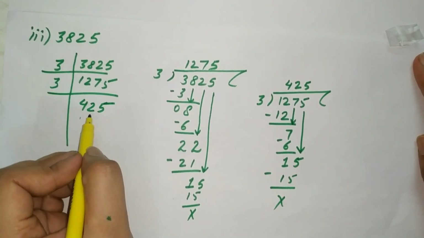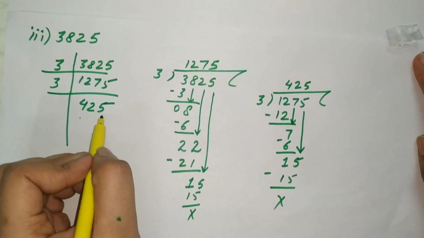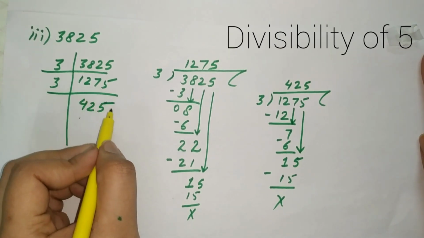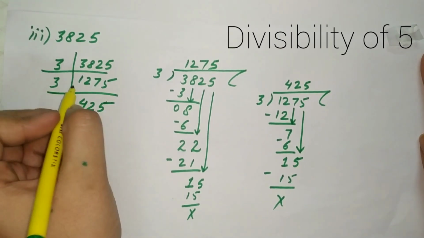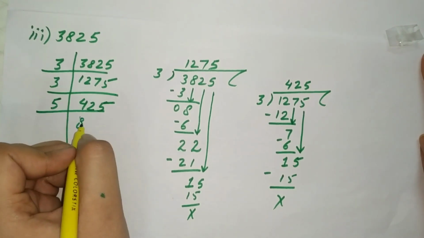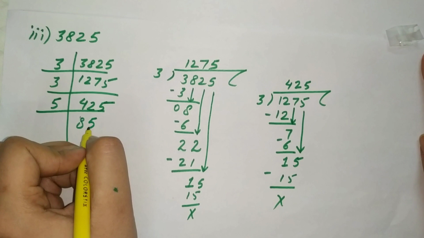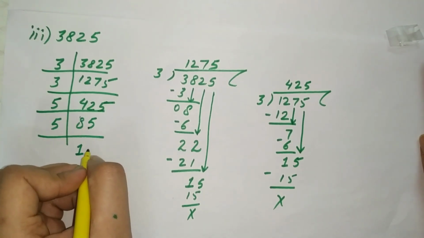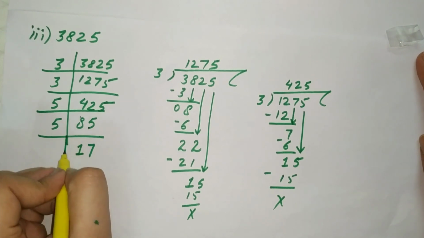Now 4 plus 2 is 6, 6 plus 5 is 11. 11 is not divisible by 3, but 425 is divisible by 5. So 5 eights are 40 and 5 fives are 25. Again 5 ones are 5 and 5 sevens are 35.